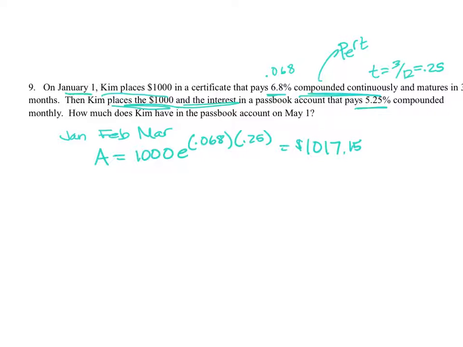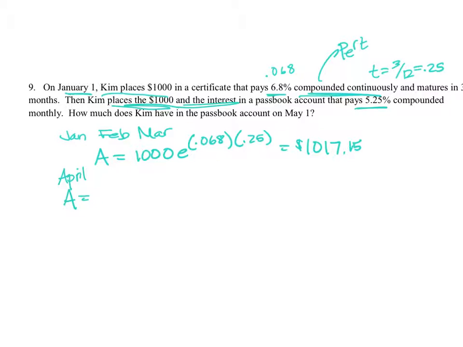with a rate of 5.25% compounded monthly. So in this case, we need to take all of that $1,017.15. And again, we're going to May 1st. So we're just doing this for the month of April.